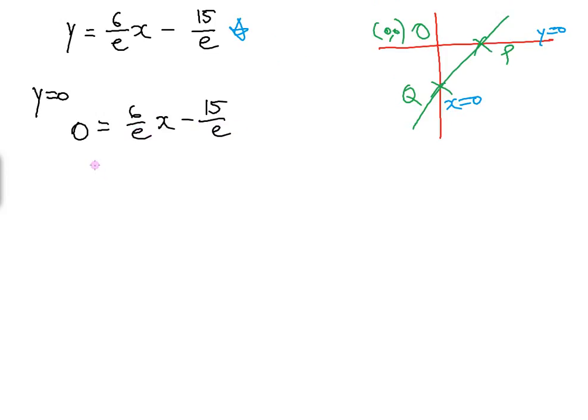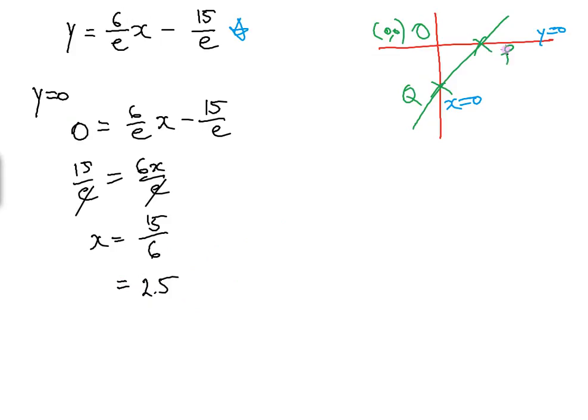So 15 over e is equal to 6x over e. This e is going to cancel. Divide 15 by 6, so x is equal to 15 over 6, or x equals 2.5, or 5 over 2 if you prefer.